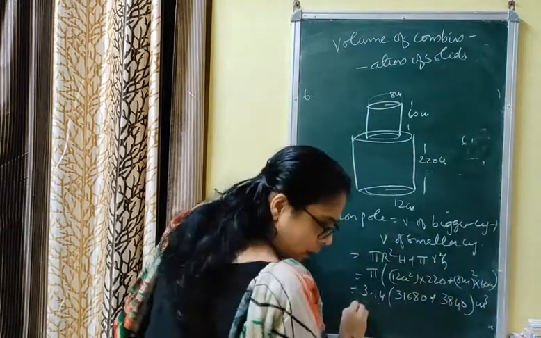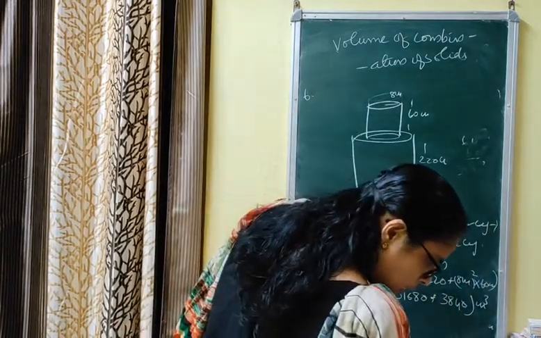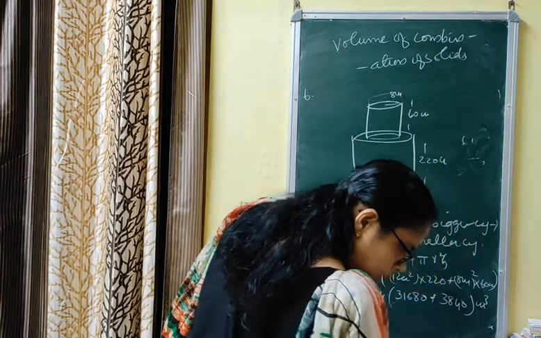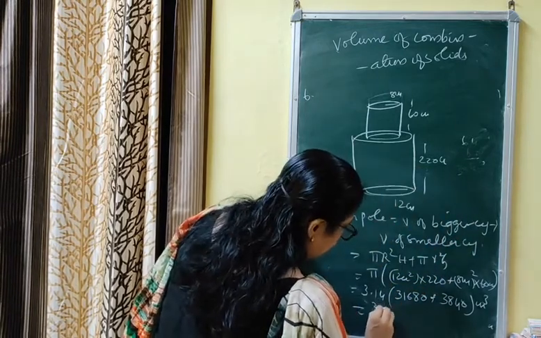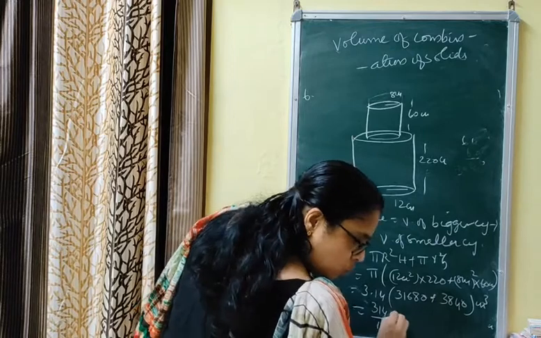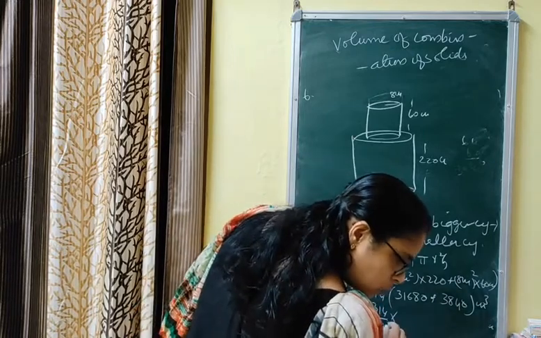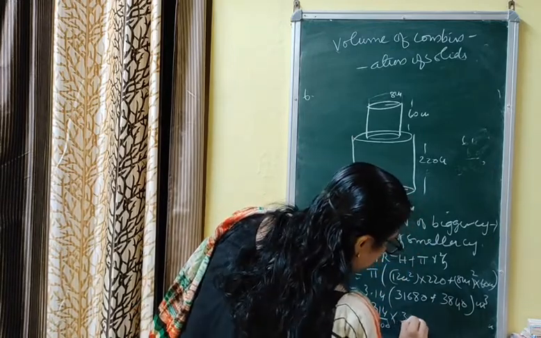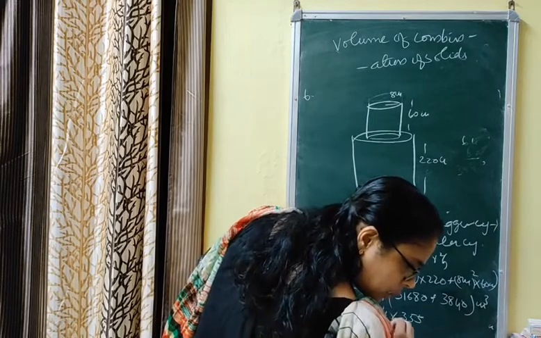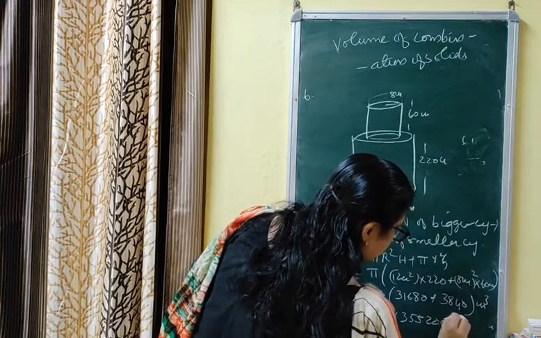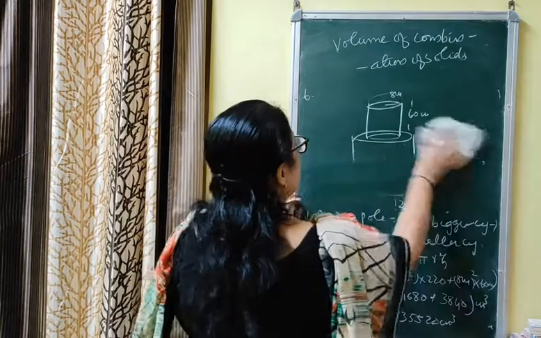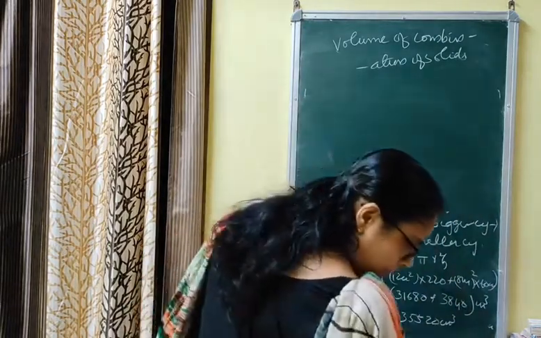If you add these two, you will get 35520 cm cube.